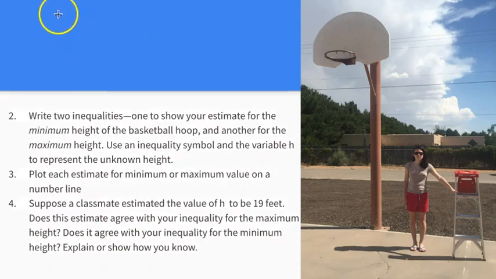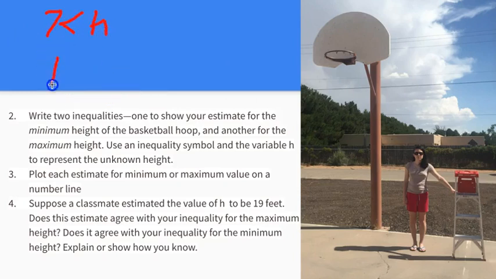So the minimum height, we know that whatever it's going to be, we said 7 feet? So if we say that 7 feet is the minimum, we know that it has to be greater than 7 feet. So 7 feet is less than the height of the basketball rim.